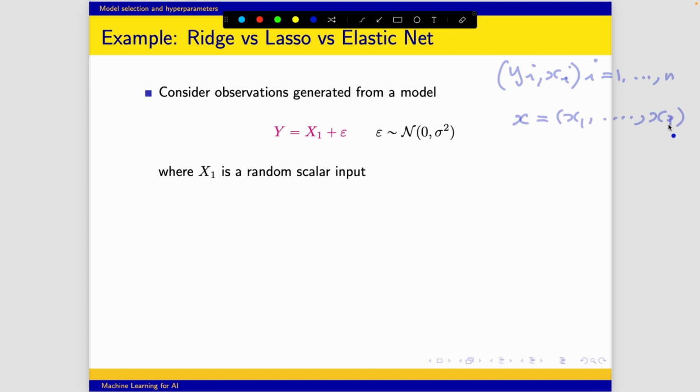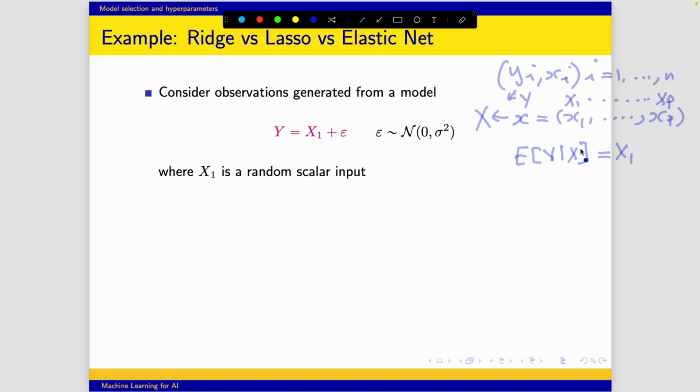Right? Now, the true relationship that we're going to have is that the expected value of a random y given x, where this is a realization of a random vector x, and this is a realization of a random variable y. So the expected value of y given x is actually just x1. Right? It's the random variable x1 of which this is a realization. And we have another p minus 1 of these.